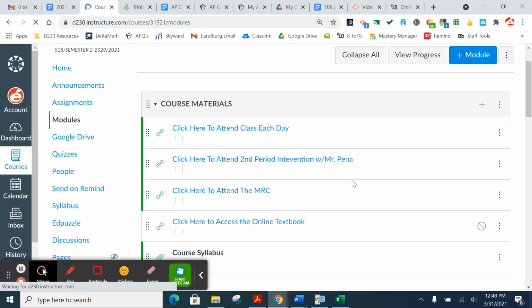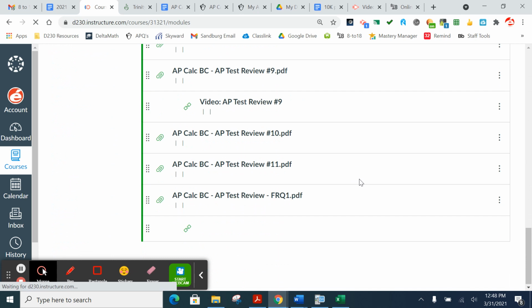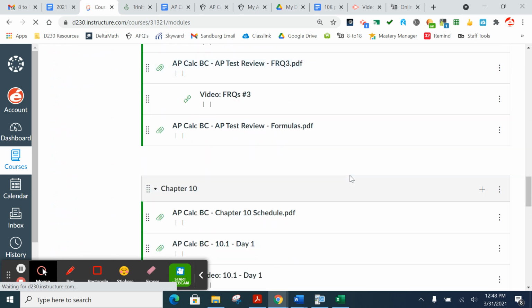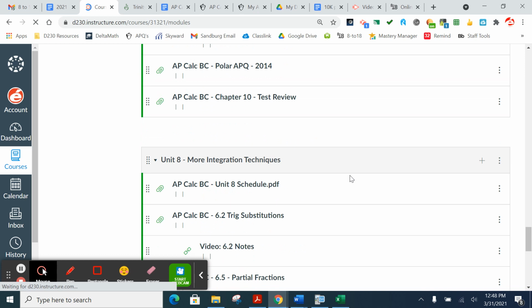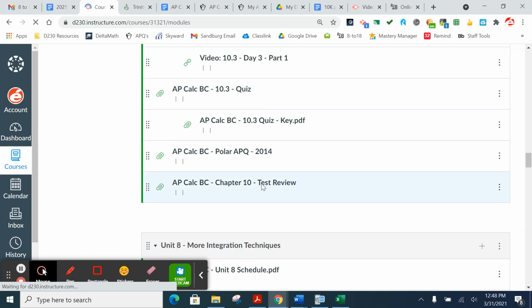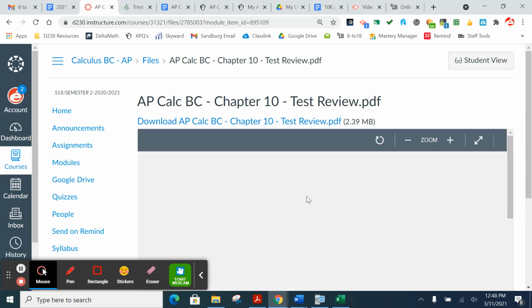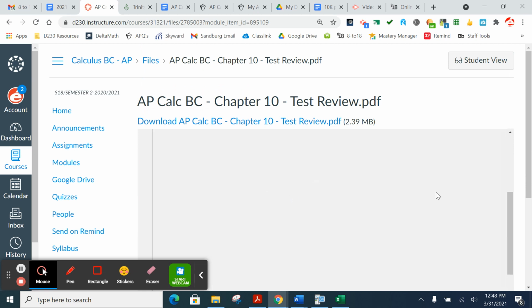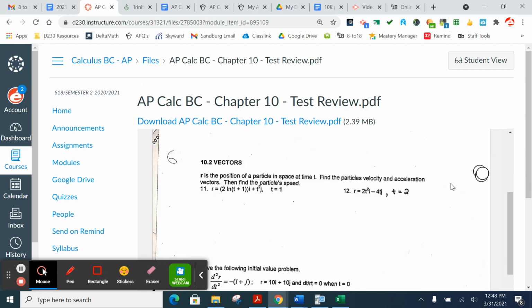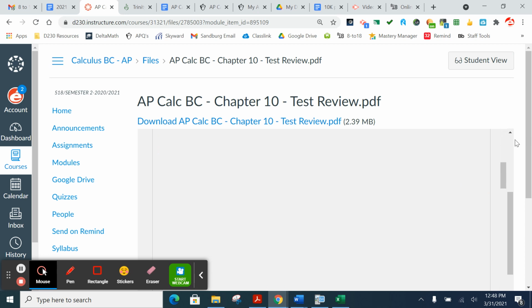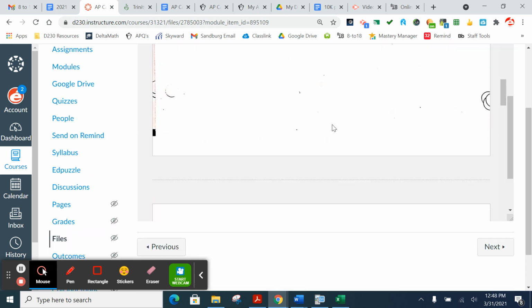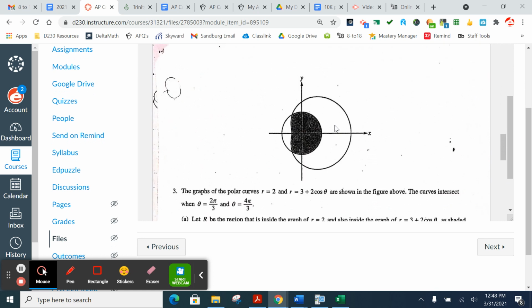Find the polar question that's asking you to find the area between the 2 curves. This one, the very first one, the one that has the number 3 right here.